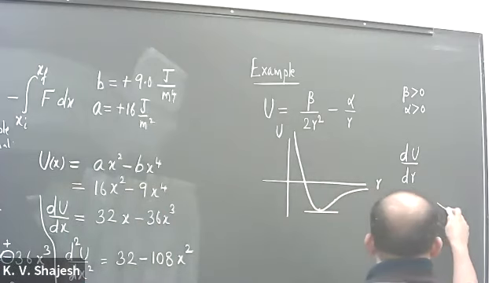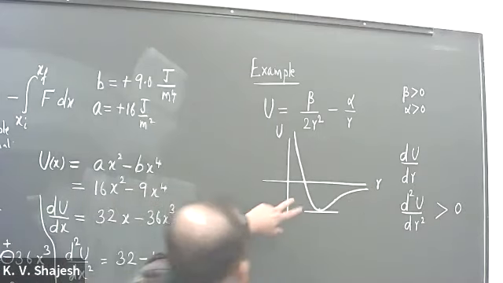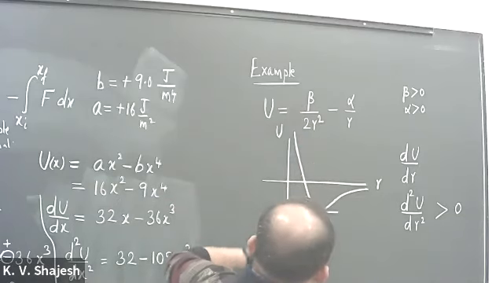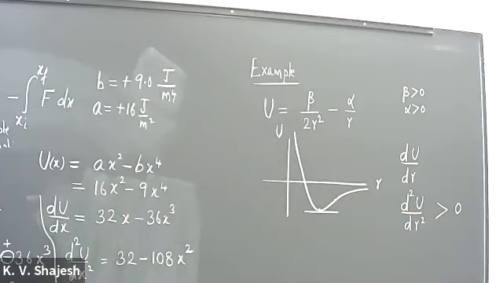So you have to show that this is actually greater than 0 so that it is stable. In your homework, this whole plot will be flipped because alpha and beta will be negative, and in that case, this will come out to be a maxima point. I'll not proceed further in the class here with this example, but hopefully that gives you enough information.